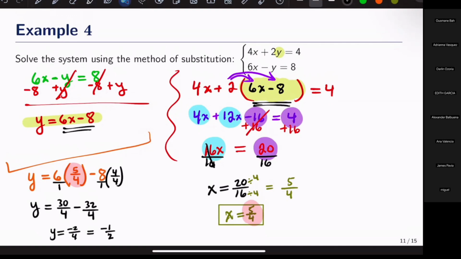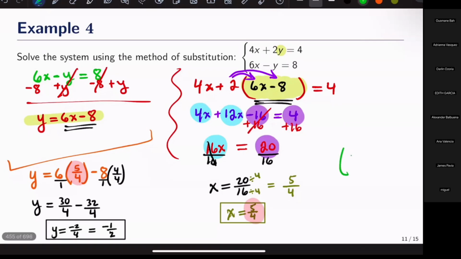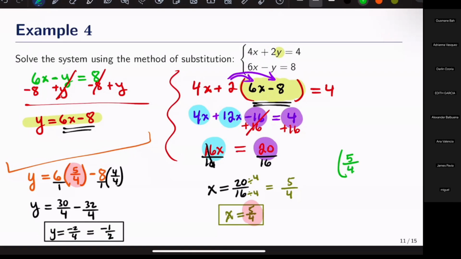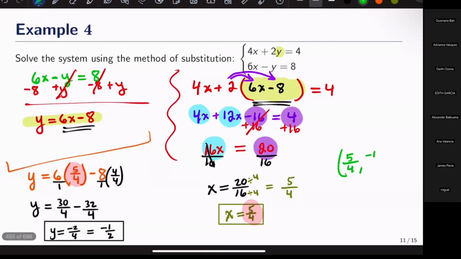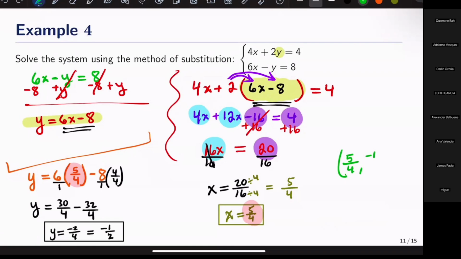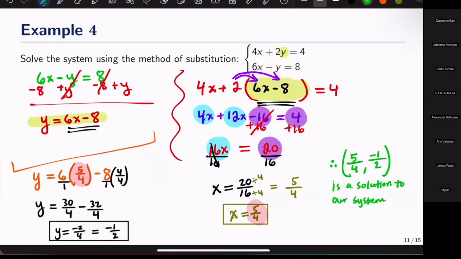So all in all, we end up getting our coordinate point to be 5/4, comma, -1/2. Is a solution to our system. And we're done.